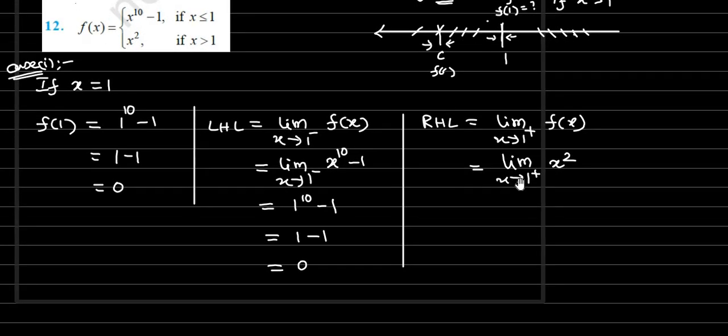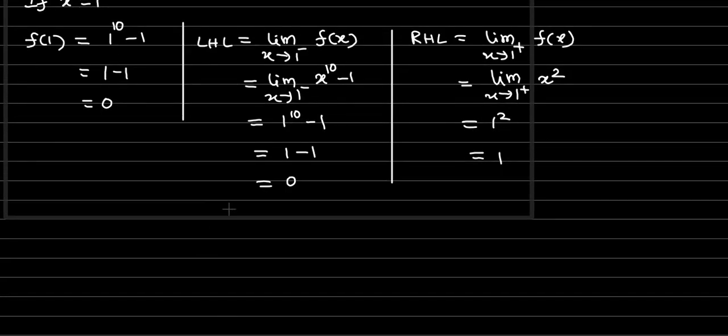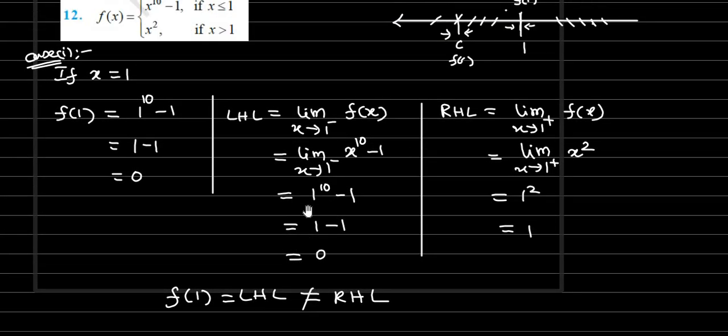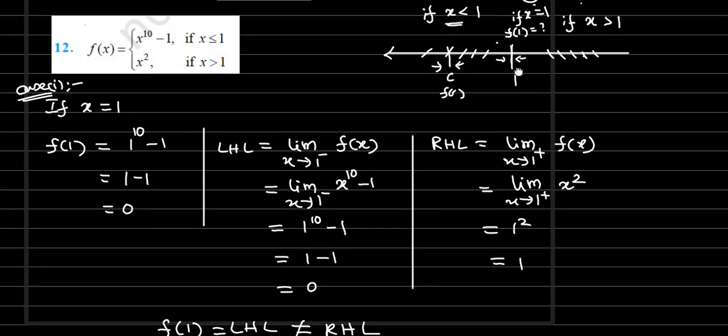After applying the limit, we no longer need to carry the limit notation. Applying the limit, 1 square, value 1. Now we can notice that f of 1 and the left hand limit are equal, but these two results are not equal to the right hand limit. So from this we can say that the function is discontinuous at x equal to 1.